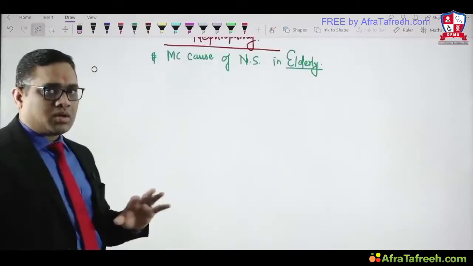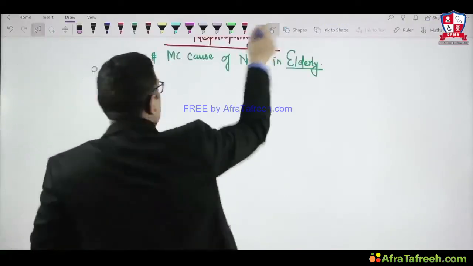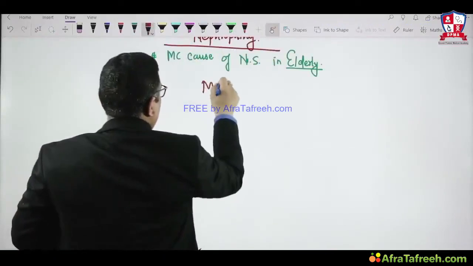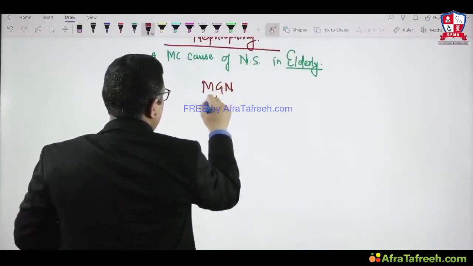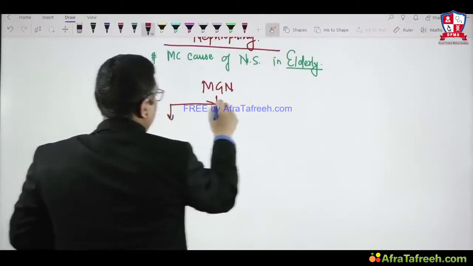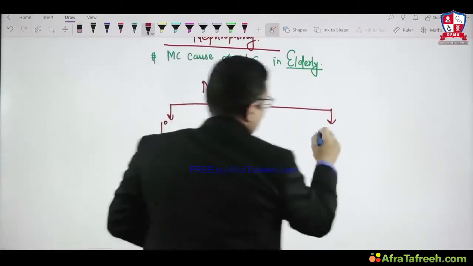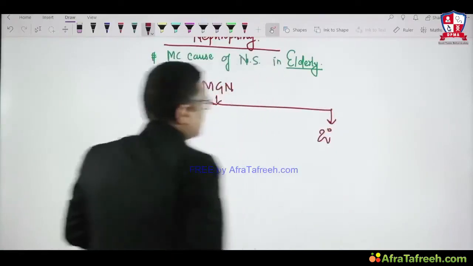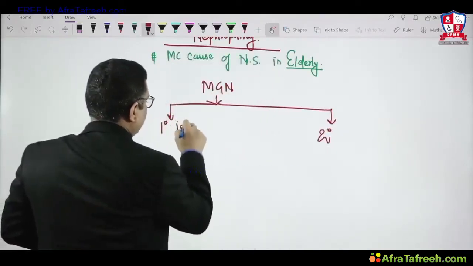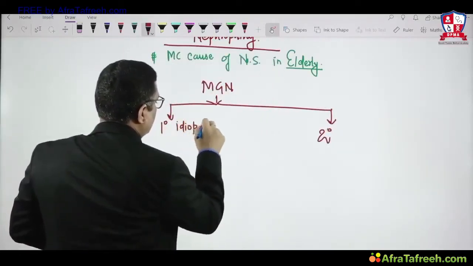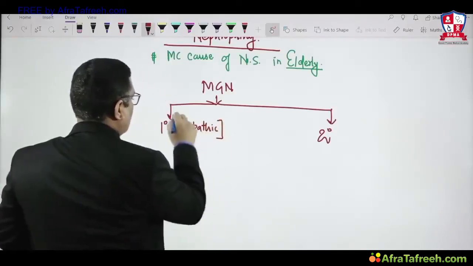When we talk about membranous nephropathy, we should understand that membranous glomerulonephropathy consists of two subtypes, primary and secondary. Primary is idiopathic, where the cause is unknown.